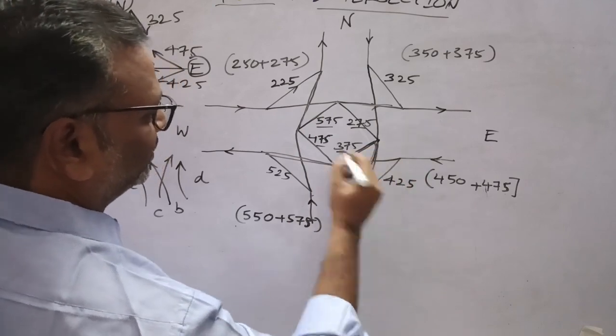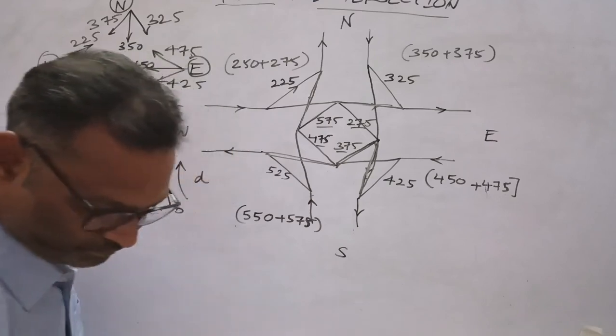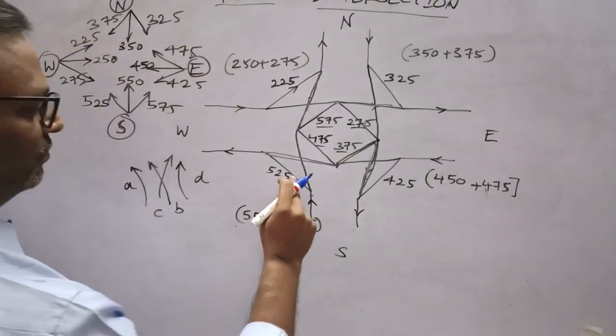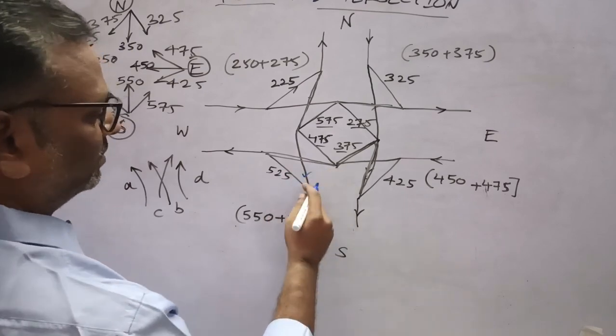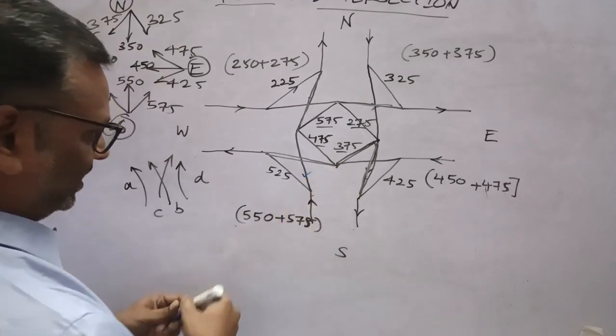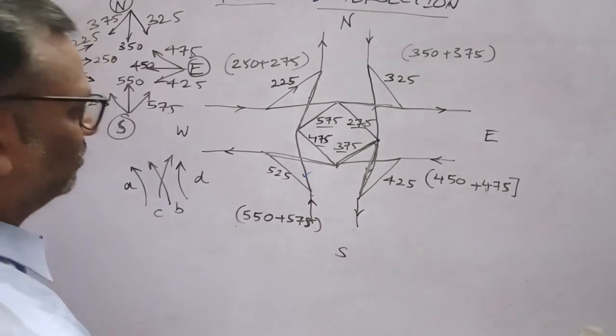So what is the merging traffic? We will write the merging traffic. For this approach, this one is merging traffic, diverging traffic we have written in brackets, and I will round off the traffic.